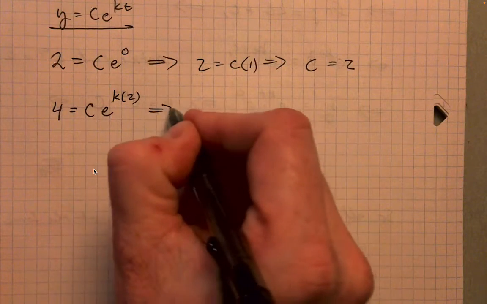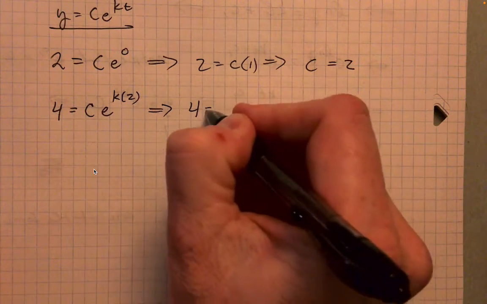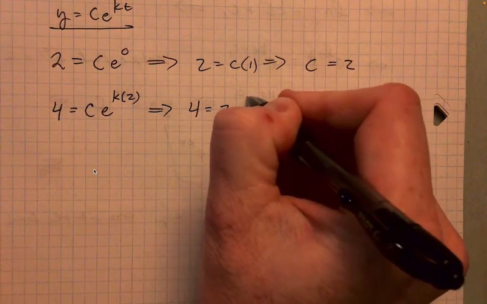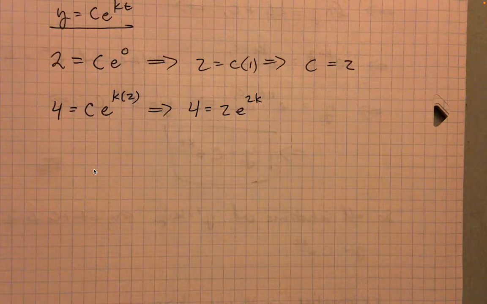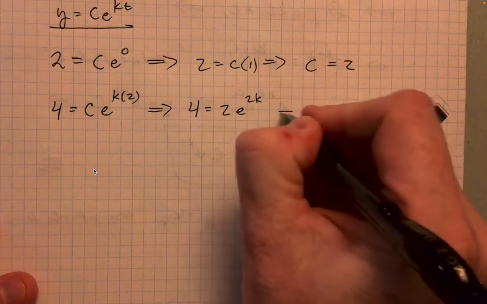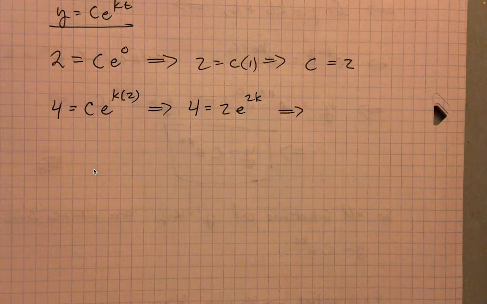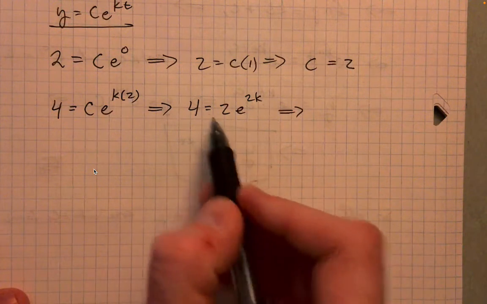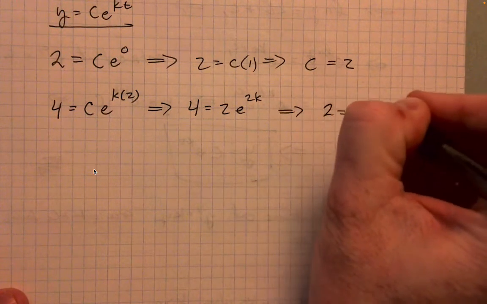But remember, we know now that c is equal to 2, so 4 equals 2e to the 2k. Okay, right? And so can we figure out what k is in this equation here? Yeah, definitely. Right, we take the natural log of both sides. First, let's divide out the 2, I guess. So 2 equals e to the 2k.